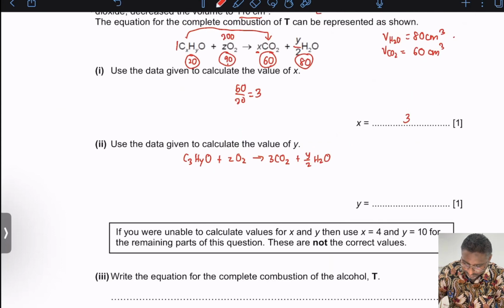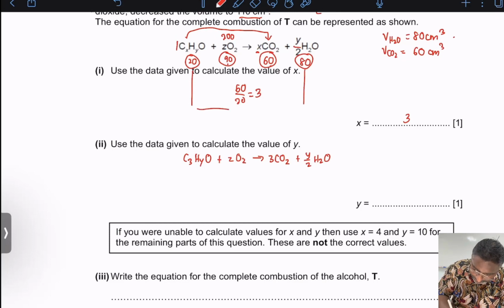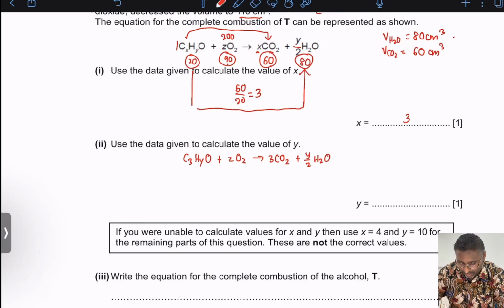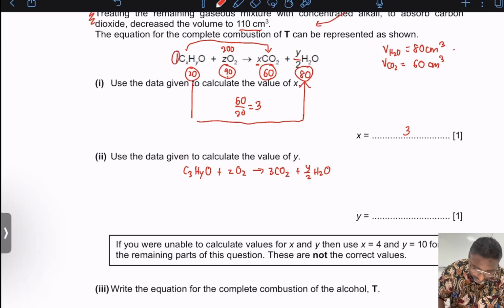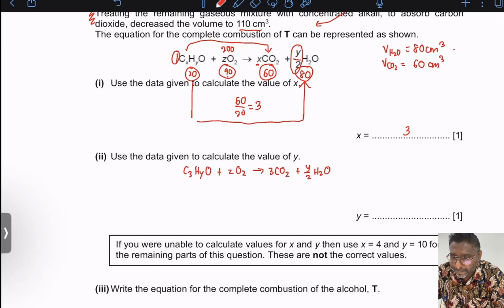Now how to calculate from here? 20 to become 80. If this is 1, 20 to become 80, this entire thing should be what number, Nicole? What is 20 to become 80? Times by what? 4. It means the entire value must be 4.